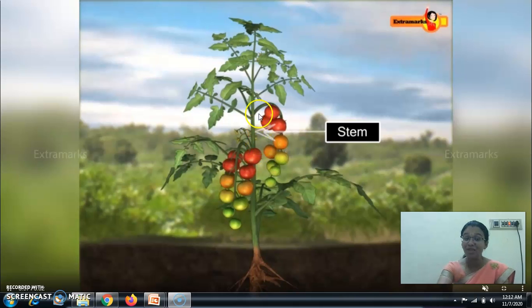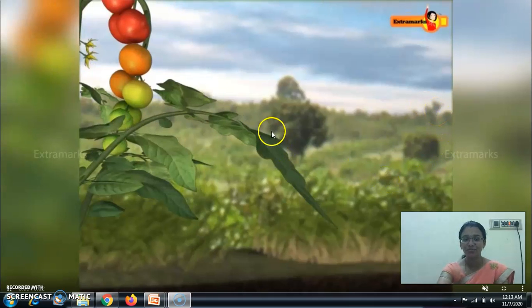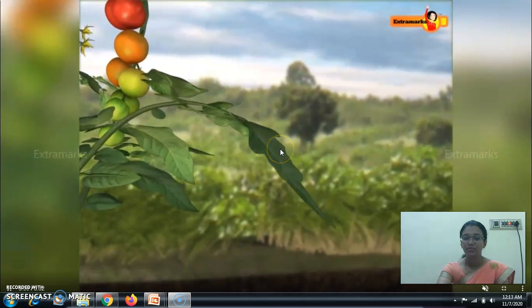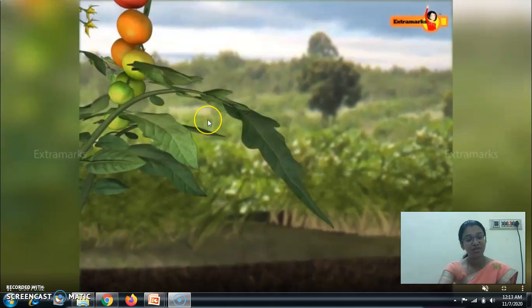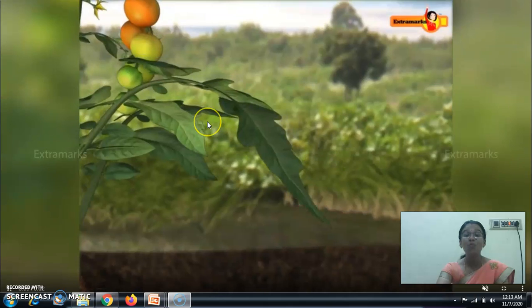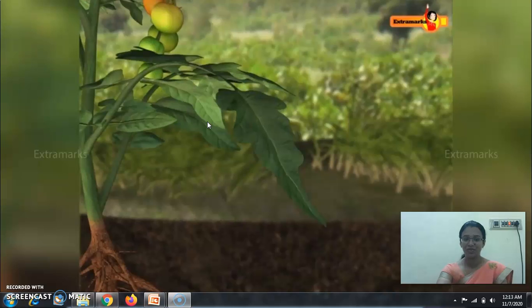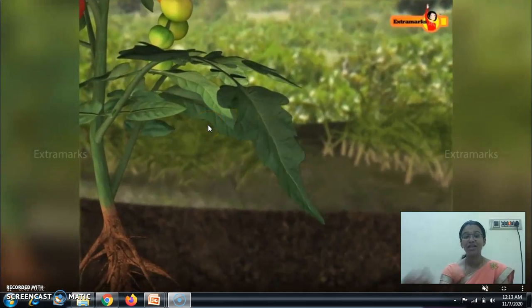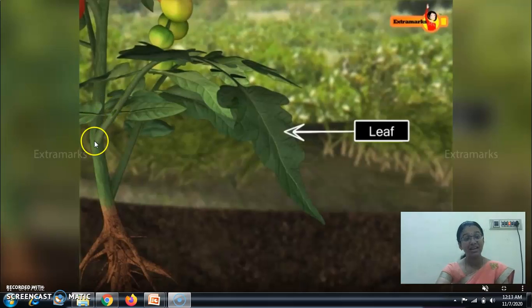Look at this video, children, and observe it carefully, which gives you a better understanding of the parts of plant. The point where it is connected is called a node.